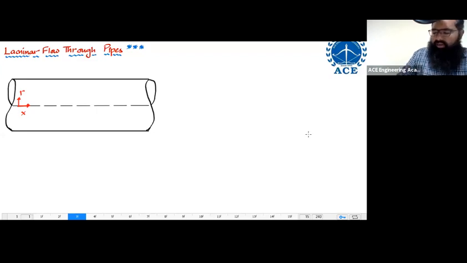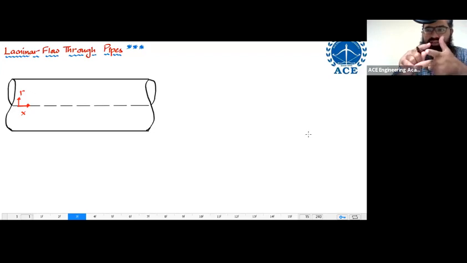So this entire page is dealing with the concept of velocity only. In this, we are going to see three types of velocity. Please listen carefully. First velocity is known as your local velocity. Second velocity is known as your maximum local velocity. Third velocity is known as your average velocity.